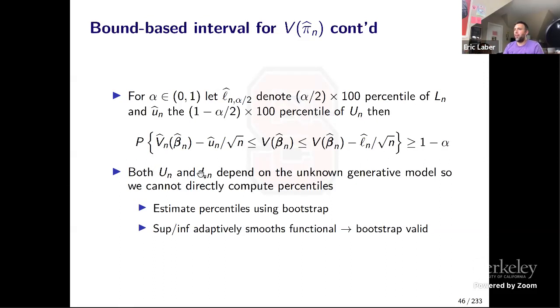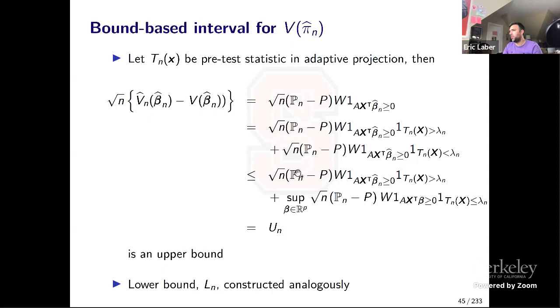But both U and L depend on the unknown generative model, so you couldn't actually compute this. So what do you do instead? Well, you just estimate those using the bootstrap. You can bootstrap these bounds, and because of that sup or inf, the bootstrap is in fact consistent. And you can show that you can consistently estimate these quantiles and thereby construct a valid confidence interval. So the bootstrap analog here would be you replace the empirical average with the bootstrap average, the true distribution with the bootstrap, with an empirical expectation, beta hat with its bootstrap analog, the test with its bootstrap analog, and so on.